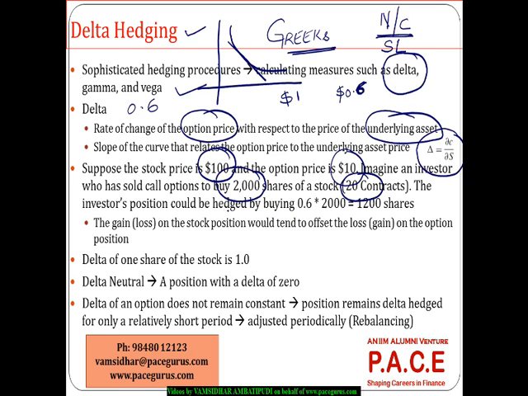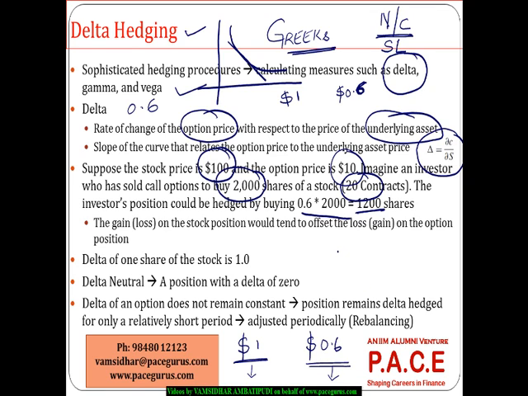If the delta is 0.6, the position could be hedged by buying 1200 shares. If the delta is 0.6, whenever the stock price increases by $1, the option price increases by $0.6. Similarly, if the stock price falls by $1, the option price will fall by $0.6.